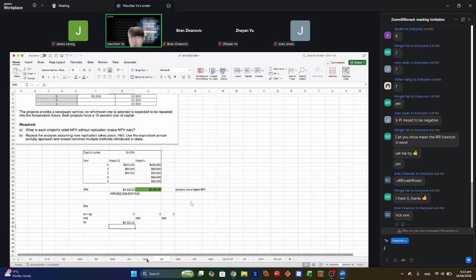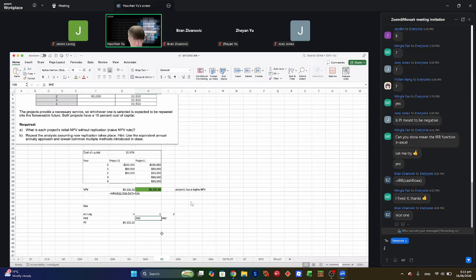I already know the present value of this type of annuity is 4,132. If we want an annuity with a present value of 4,000, what's going to be the value of PMT? That PMT value will be the EAA, the equivalent annual annuity payment. That's the general idea of the EAA method.